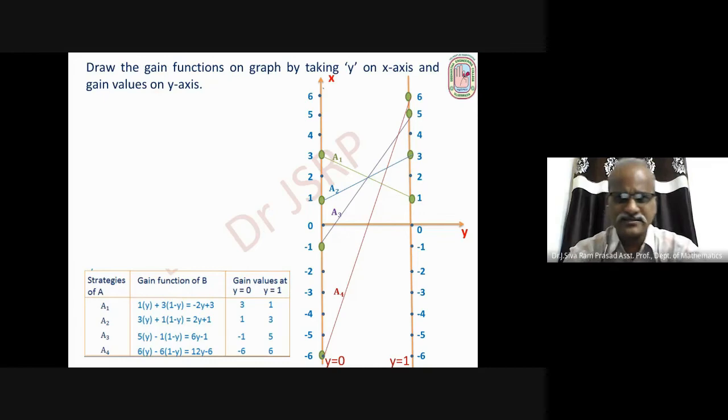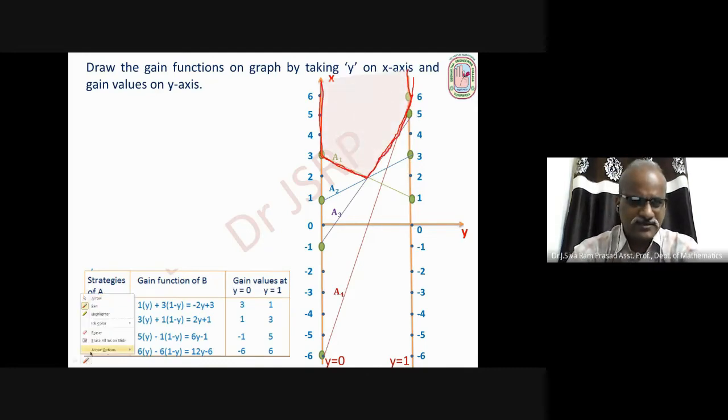The boundary of the upper region is this side. This is the upper region of the graph.